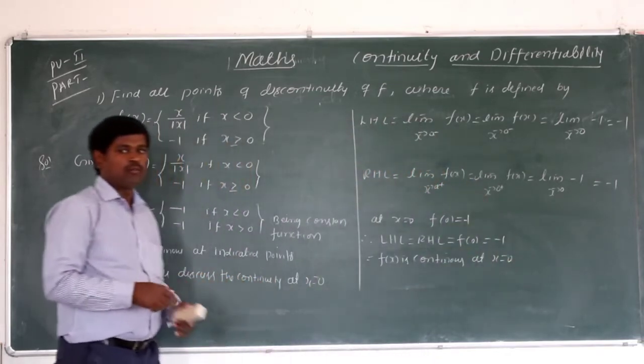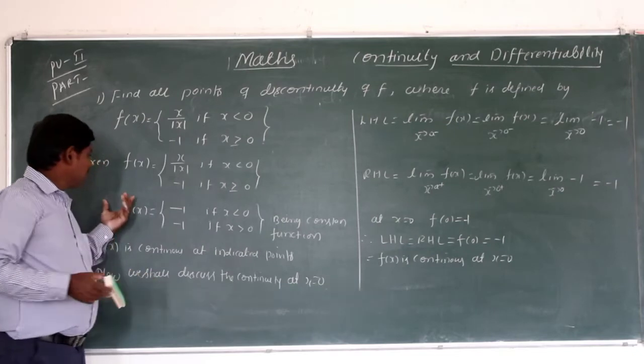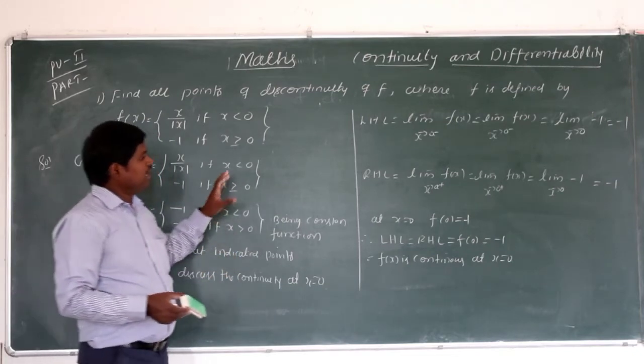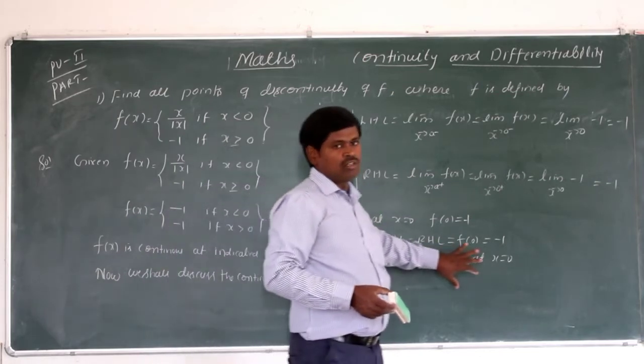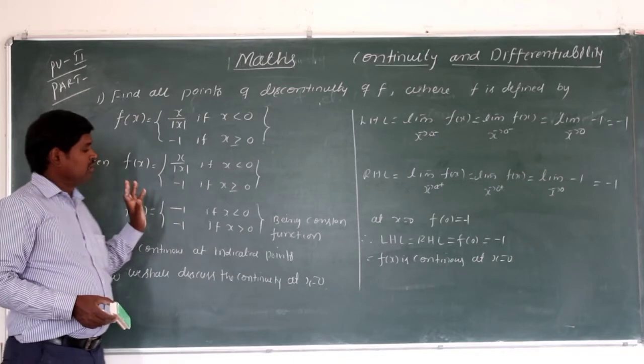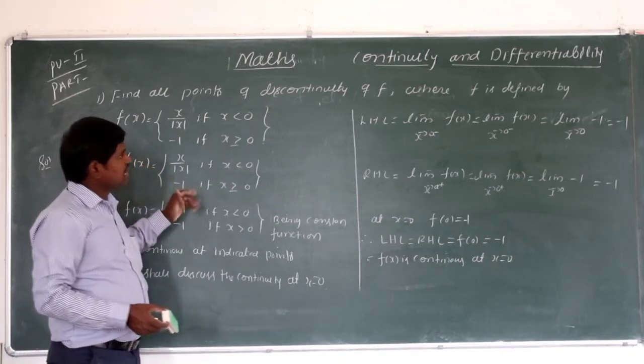Therefore we come to the conclusion that the given function is continuous at the indicated point and it is also continuous at x is equal to 0. So by these two we come to the conclusion that the given function is continuous everywhere.